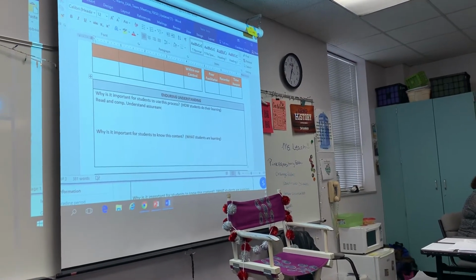Because my students, even though they're grade E, love to get off on tangents about things that might not always answer the prompt. And I'm like, keep it simple, get to the point, and being able to use your textual support and then your analysis.